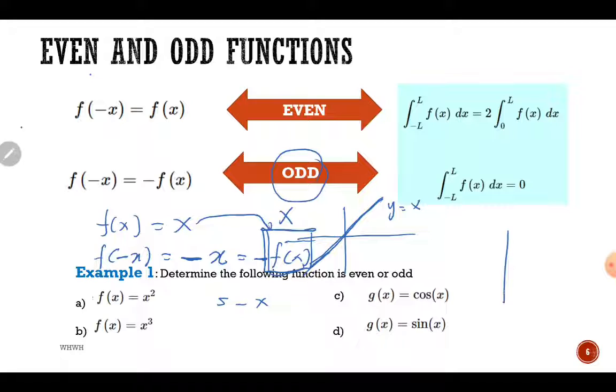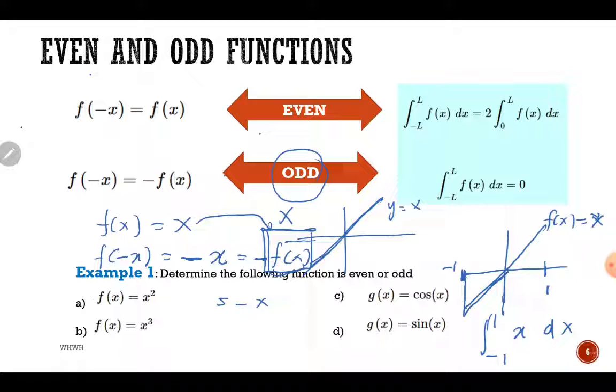So kalau function ni is an odd function, katakanlah fx sama dengan x. This is the graph. Katakanlah saya nak you integrate daripada negative 1 ke 1 x dx. So ni adalah negative 1 and this is 1. So you can see area under the curve between x and this is the area. And under the curve between this is the area.